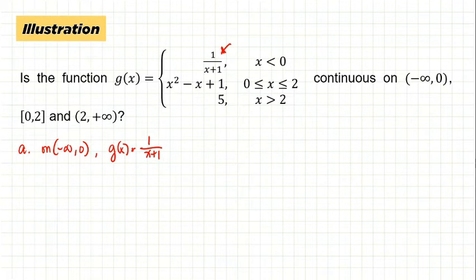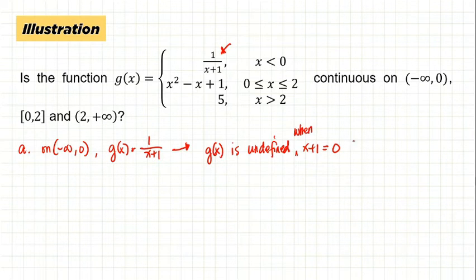And according to our theorem, rational functions are continuous on its domain. So we need to check the restriction. In this case, g of x is undefined only when x plus 1 is equal to 0. And this will follow that x is equal to negative 1.